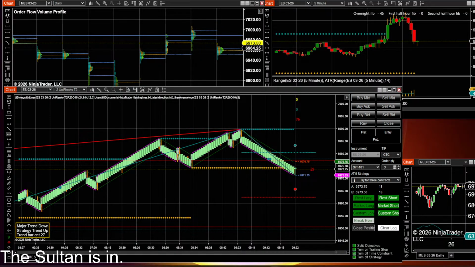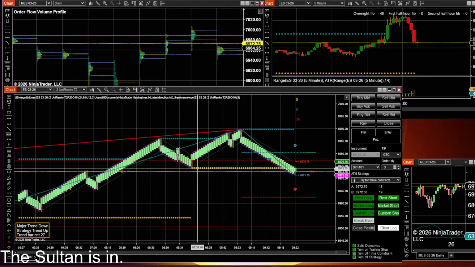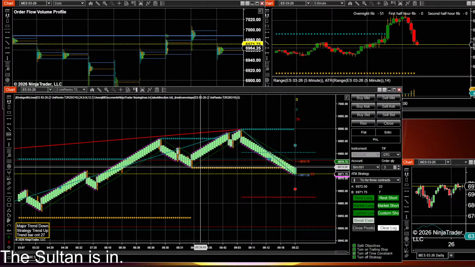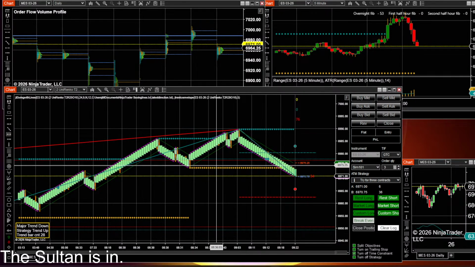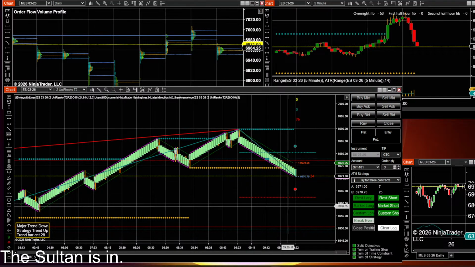By the way, this is a break of structure on the minor trend, my minor trend, mind you. So the minor trend is in a bearish mode at the moment.